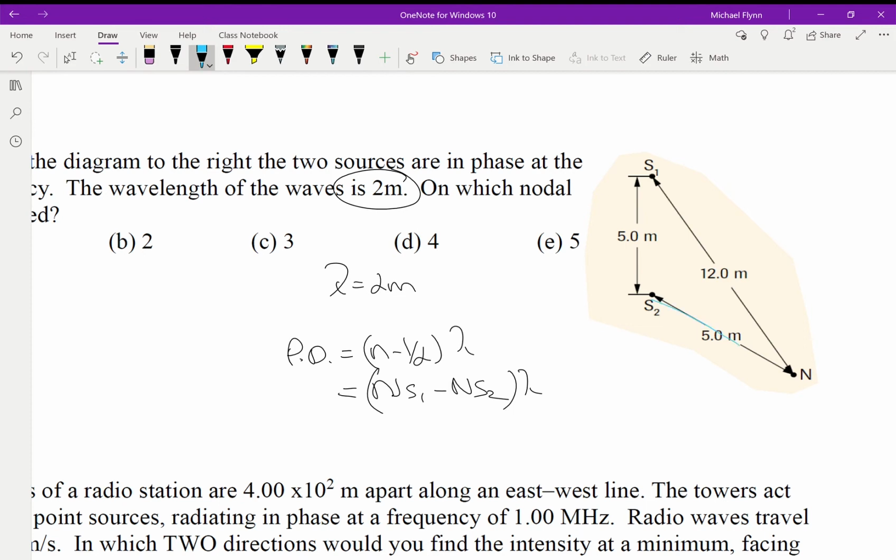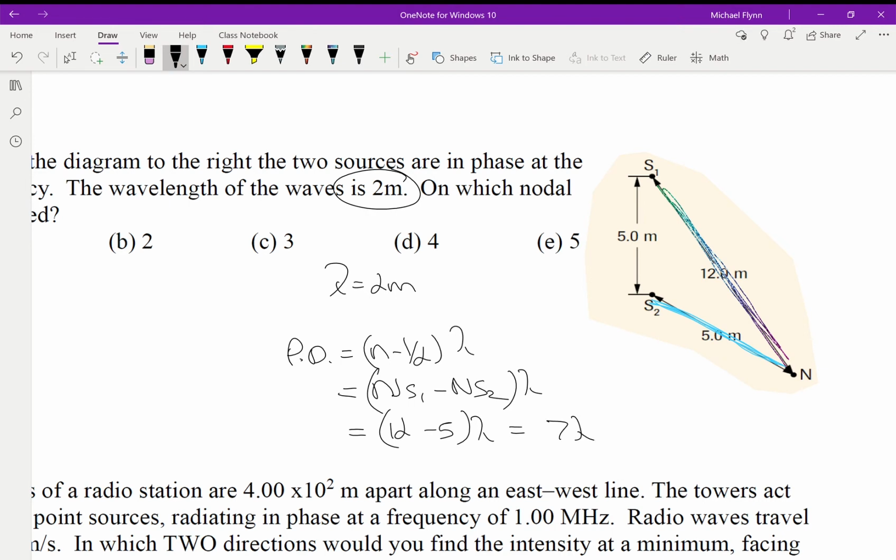Waves traveling from source 2 follow this path to get there. Waves traveling from source 1 follow this path to get to point n. And there's a difference in the length of those paths. And we can see here that the difference is, no problem, 7 meters. Let me write out the step for you. It's 12 minus 5, which is equal to 7.